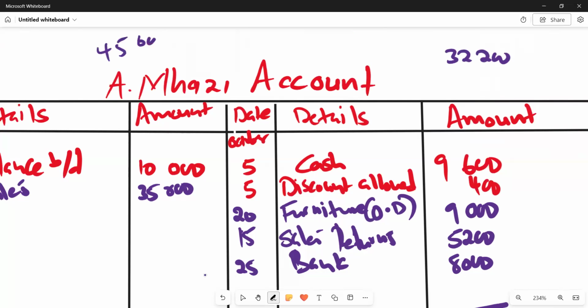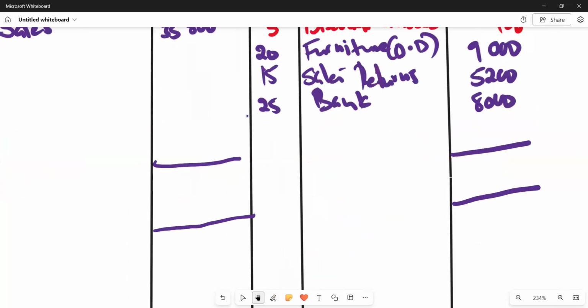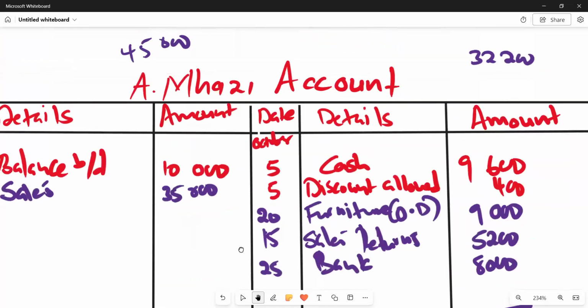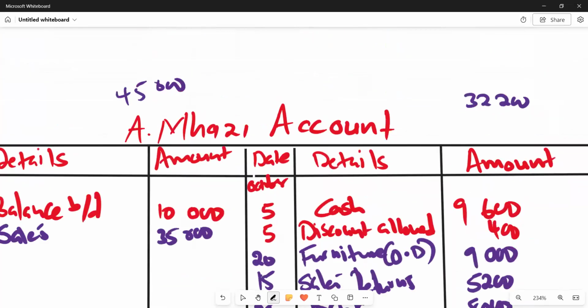So what does it mean now? 45,000 is greater than 32,200. So 45,000 is the one that is supposed to come in between the double lines at both sides. On the debit side we put 45,000, and on the credit side again, we put 45,000. Then you find the difference between the two totals: 45,000 minus 32,200.